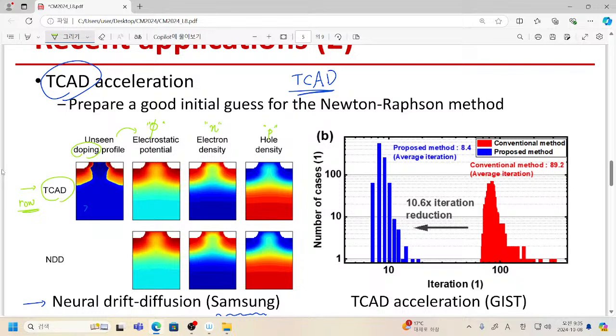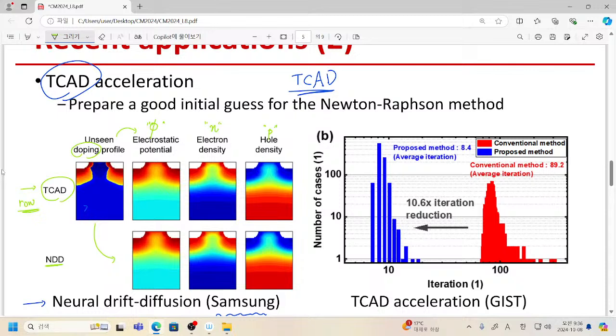But the point is, if we have a so-called neural drift diffusion model, then when an unseen doping profile is given, it can at least try to generate similar quantities like the electrostatic potential and carrier densities. How do you feel about their resemblance? In my opinion, it looks quite excellent because the NDD row is just the same as the TCAD row.